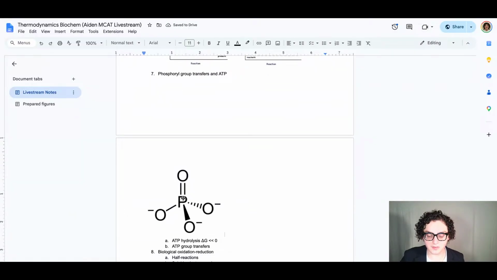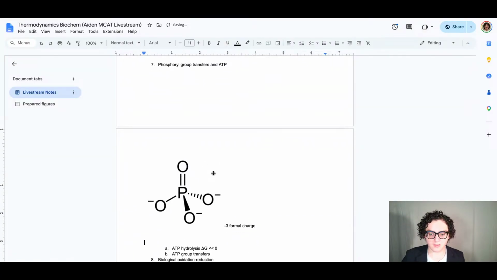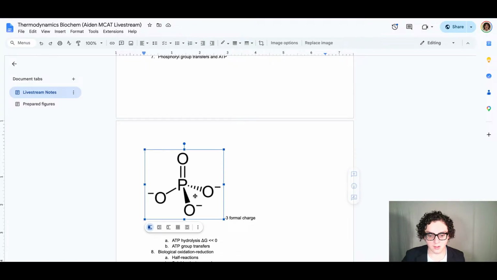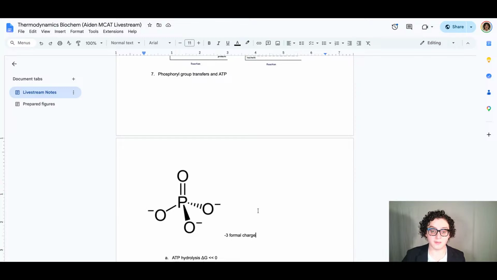There's phosphorus in the middle, and then 1, 2, 3, 4 atoms on the outside. It has an overall -3 formal charge because each of these oxygens has more than its typical number of valence electrons, and it is a group that is passed between biological molecules all the time in our body.